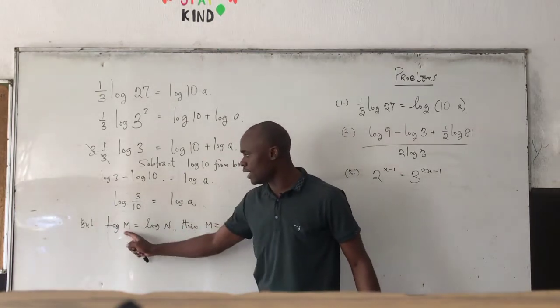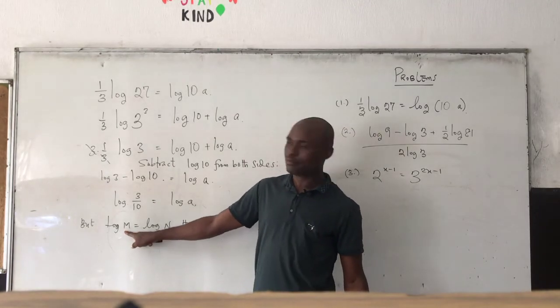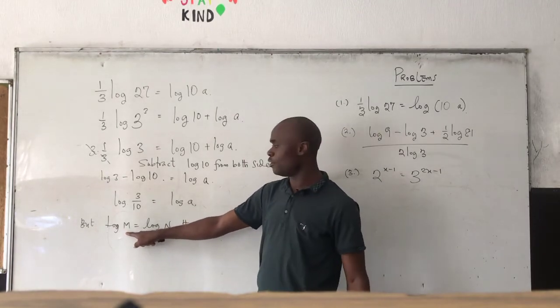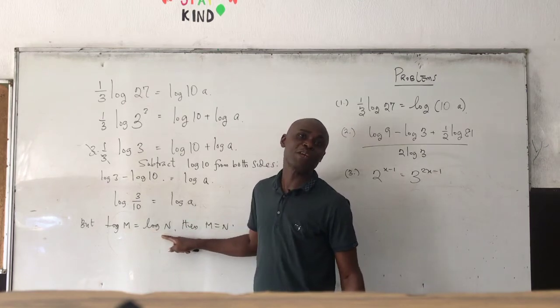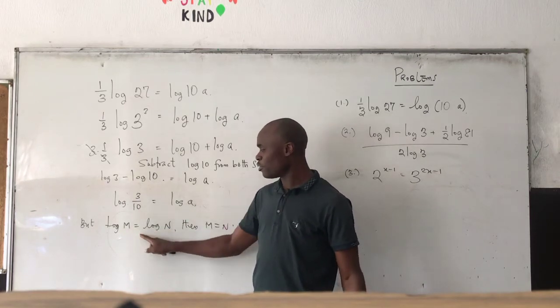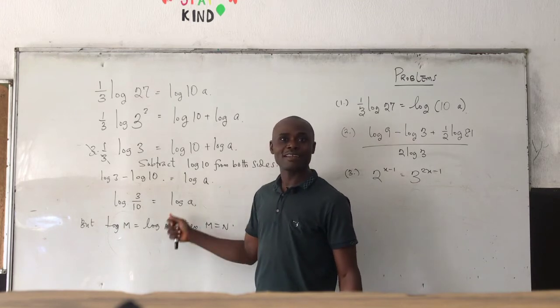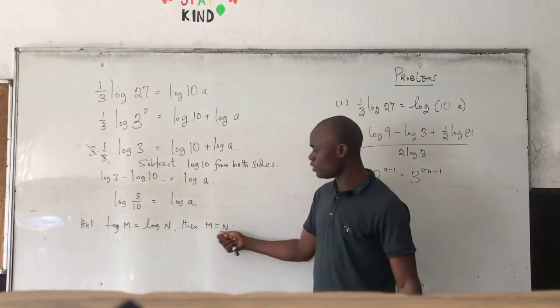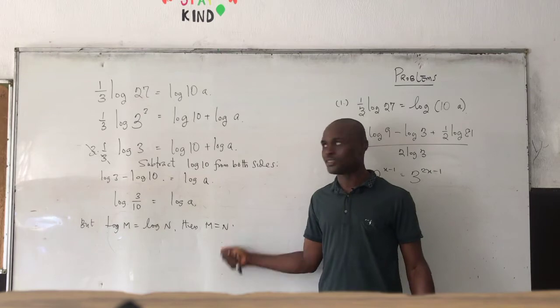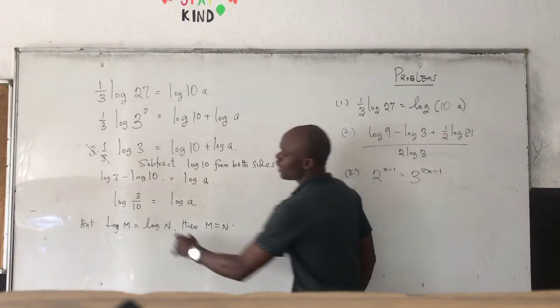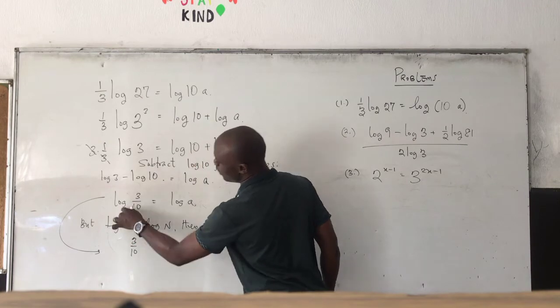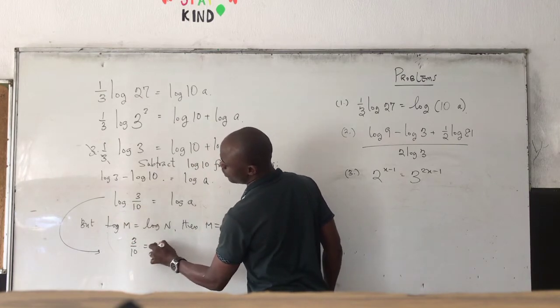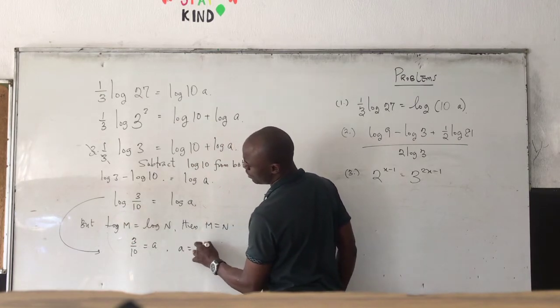So if log Miriam is equal to log Nicholas, and they have the same base, then Miriam is equal to Nicholas. That's what the law says. And that is true, and we apply it right here. We have 3 over 10 left here, and a left here. That is our answer. Our answer is simply 0.3.